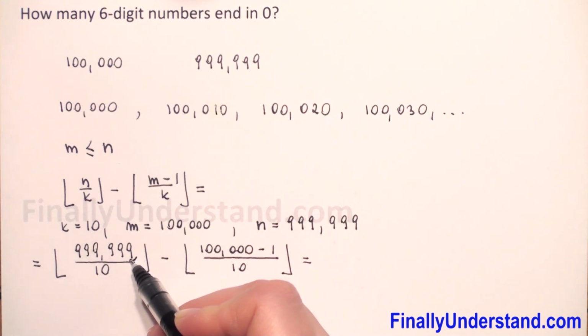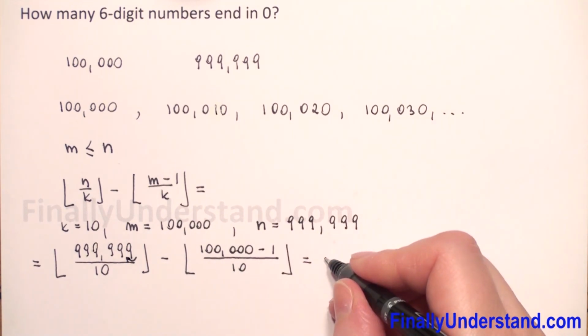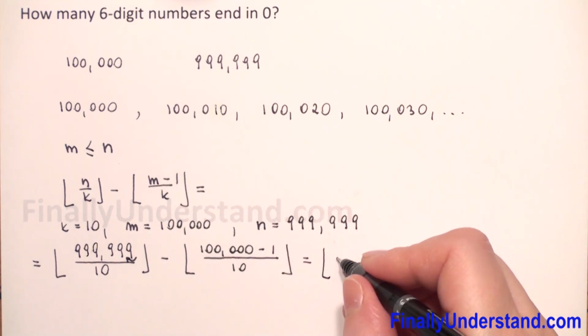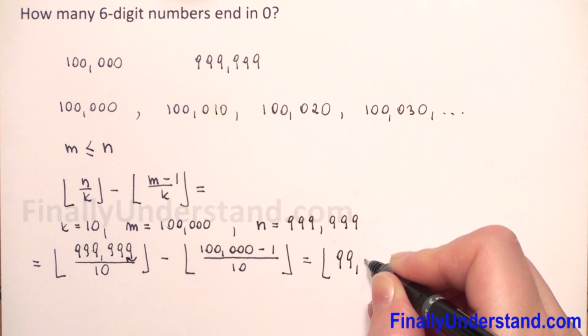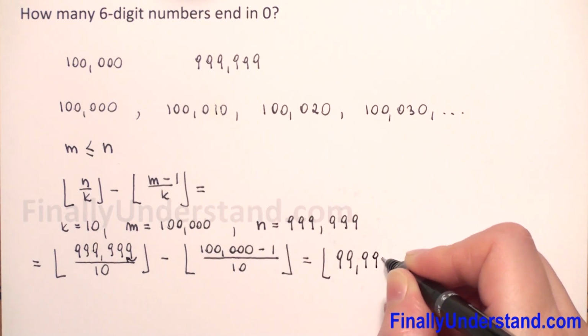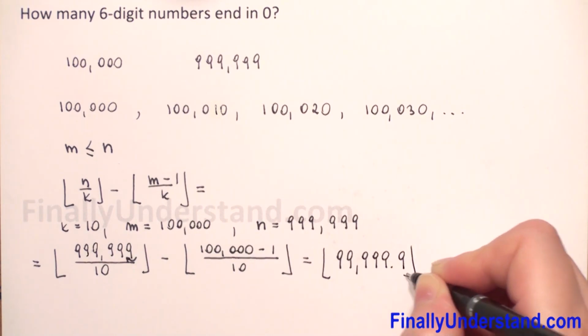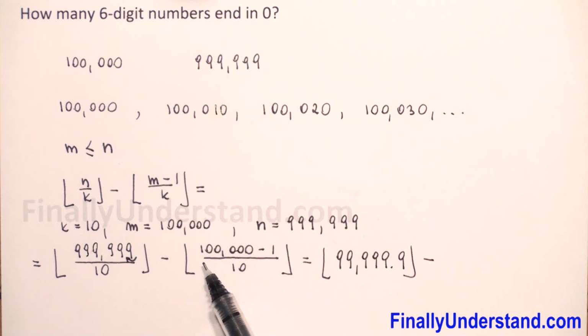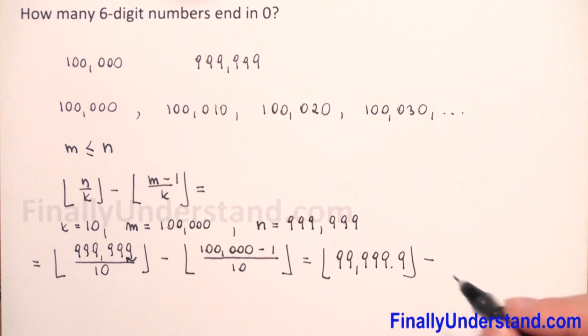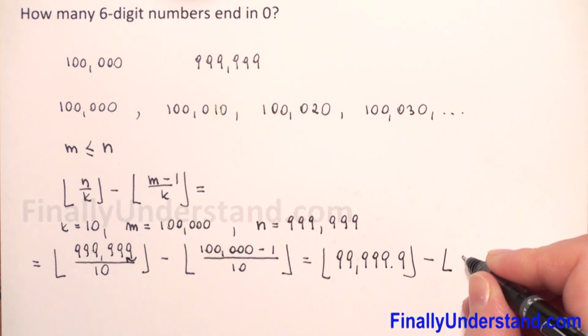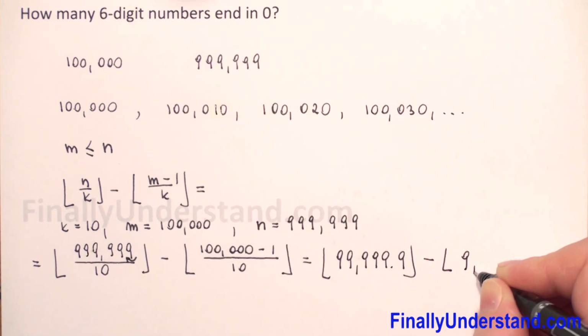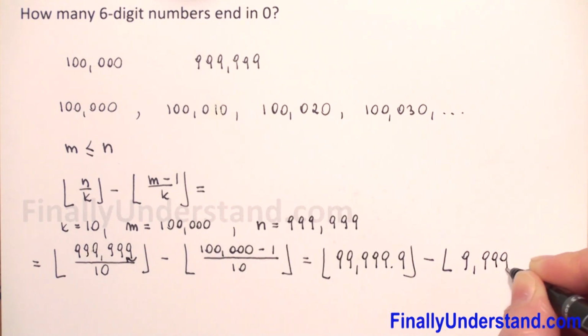When we divide by 10, we have to move the decimal point to the left. So it will be the floor of 99,999.9 minus the floor of (100,000 minus 1) divided by 10, which is 99,999 divided by 10, moving one place to the left, so the floor of 9,999.9.